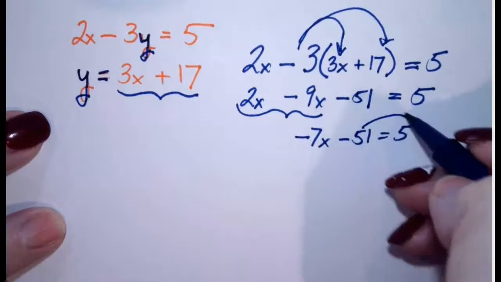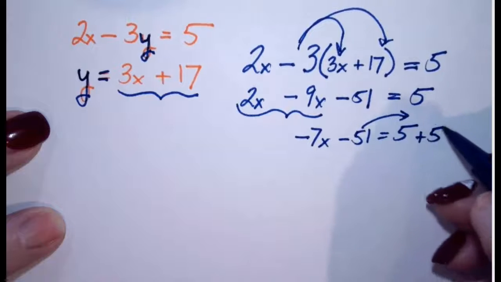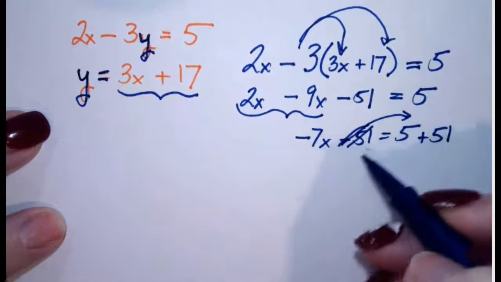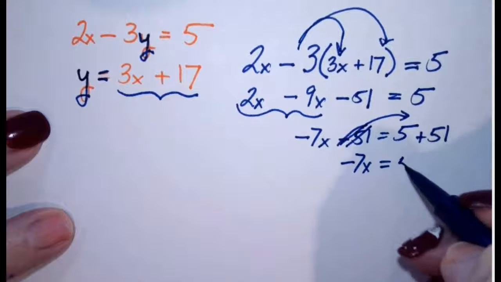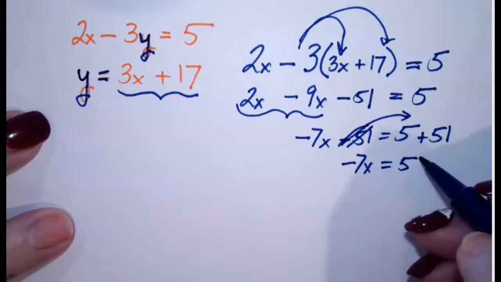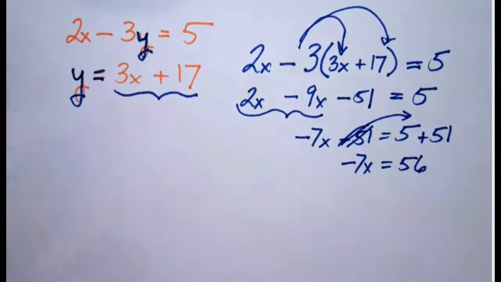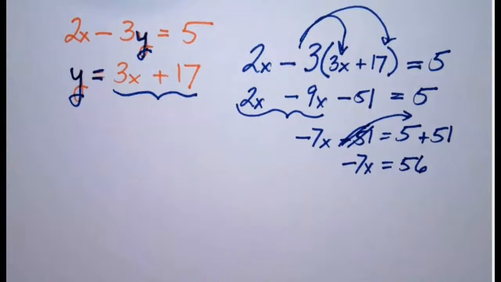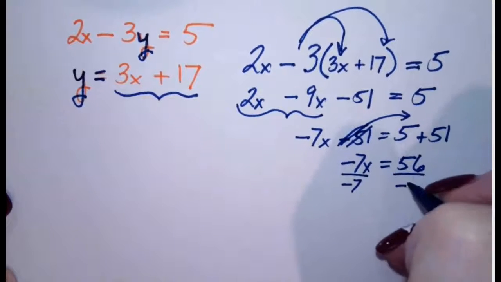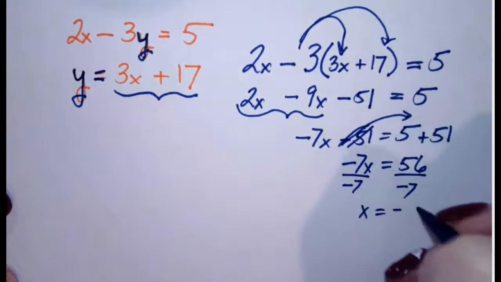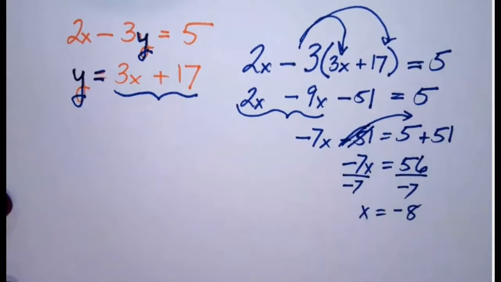I'm going to take the 51 and put it over here. It's a positive 51 when we do it. -7x equals 56. And then I divide both sides. And I get -8. x equals -8. Just checking to make sure.